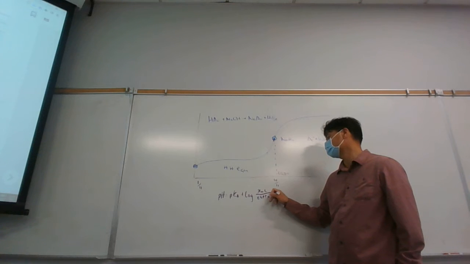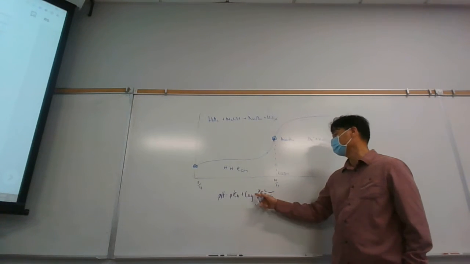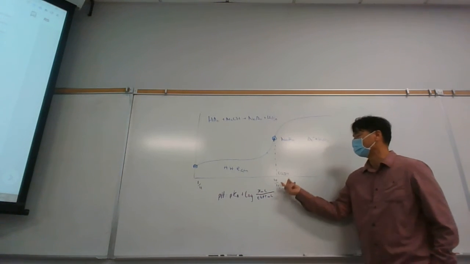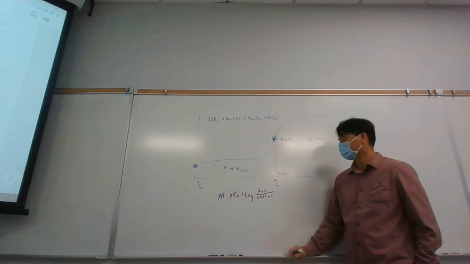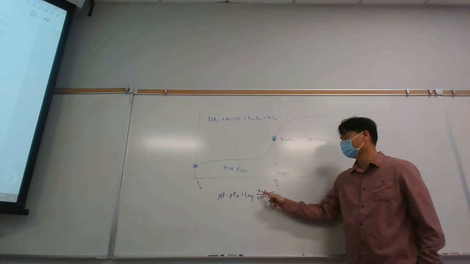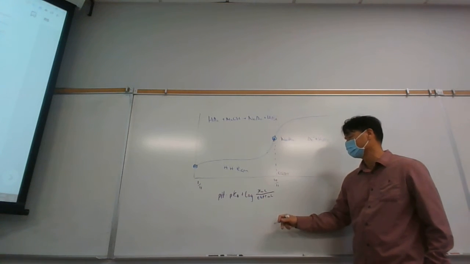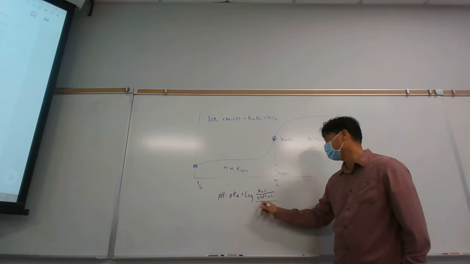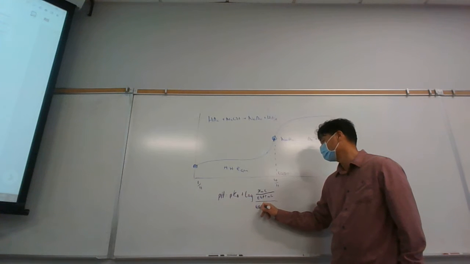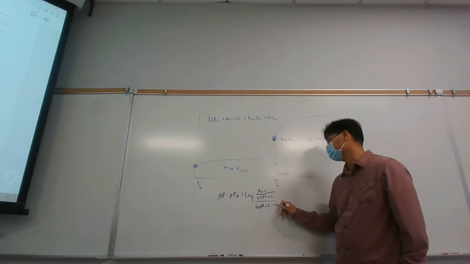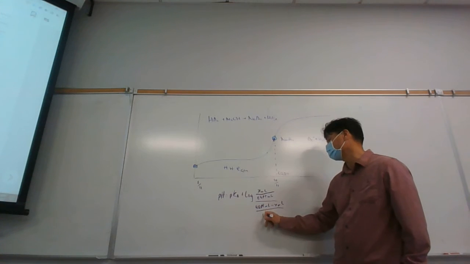And this tells us how many milliliters we've neutralized. So let's say I have 20 milliliters here, and I've neutralized 10, and that's 10 over 20 milliliters neutralized, and that would be the base. And then the acid would be the equivalence point milliliters minus X milliliters, over the equivalence point milliliters.